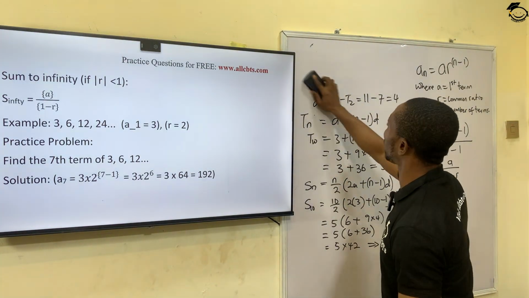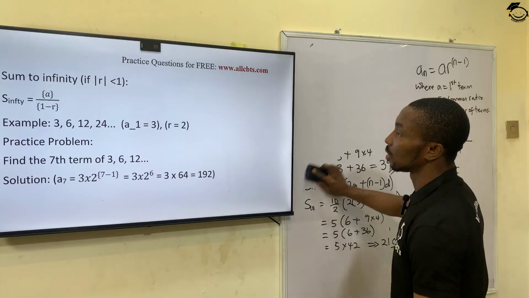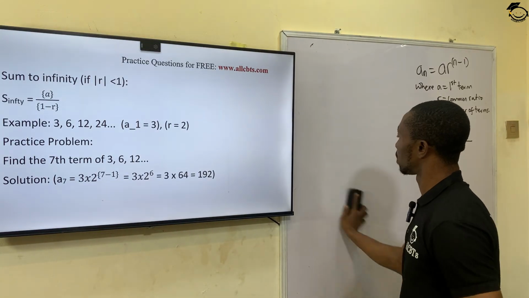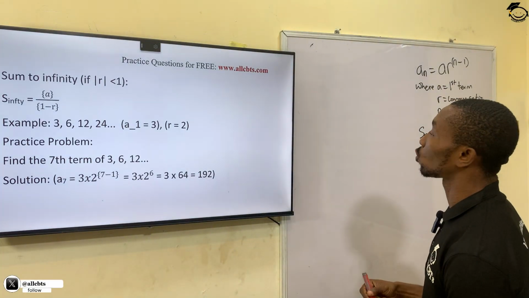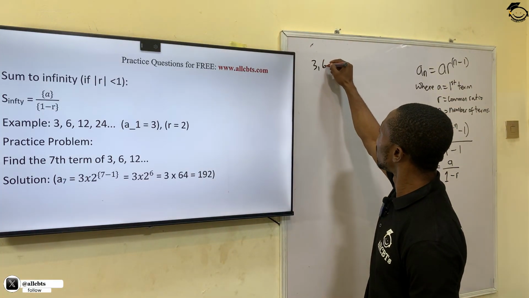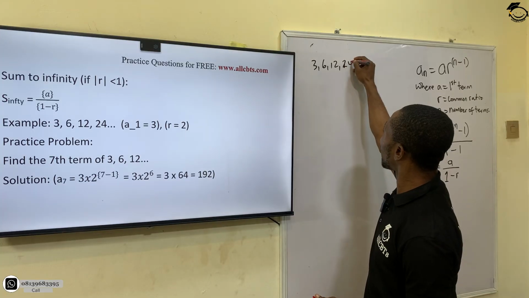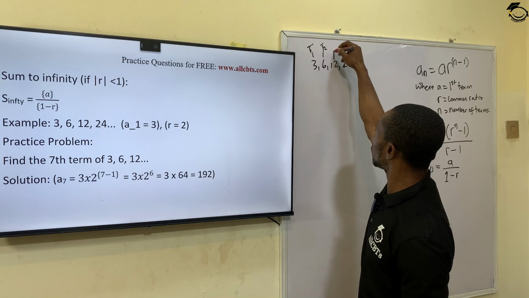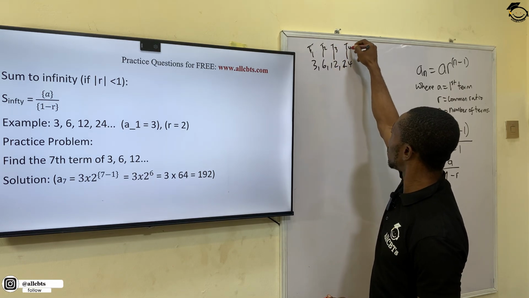Now if we have 3, 6, 12, and 24 as a sequence, our first term here is 3, so we call that T1, T2, T3, T4.